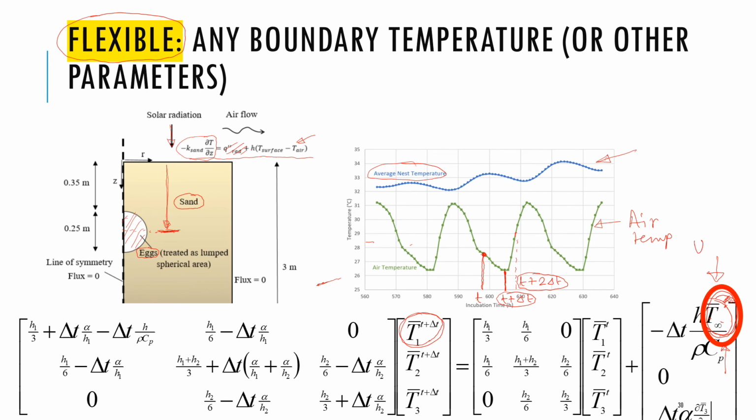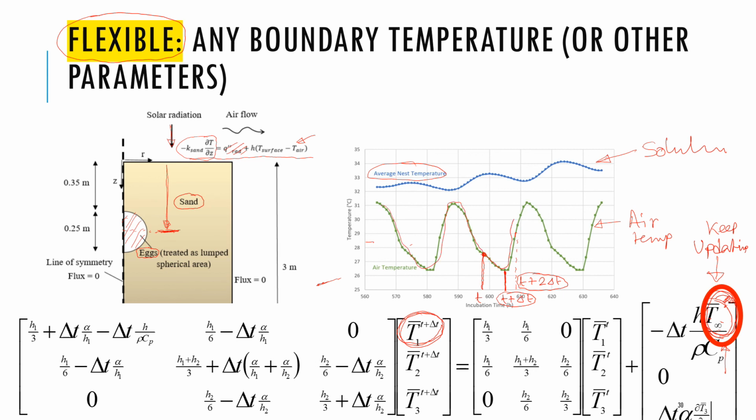In other words, I keep updating this value here, and the temperature automatically will be calculated for these conditions. In fact, you can see the solution that was calculated by changing the T infinity continuously like this.